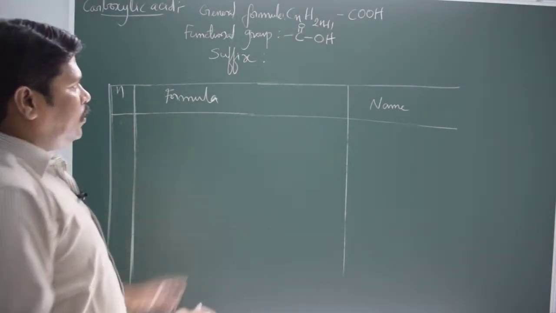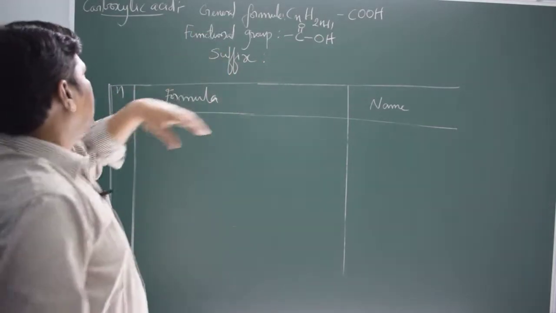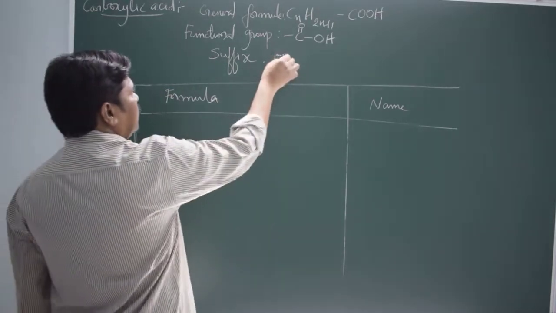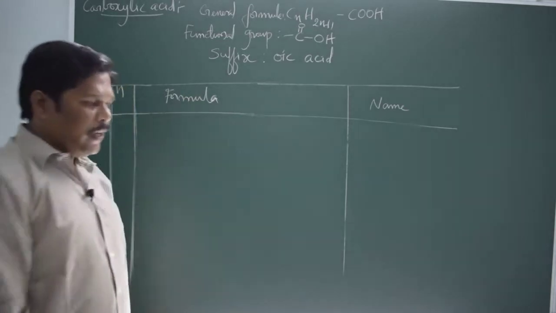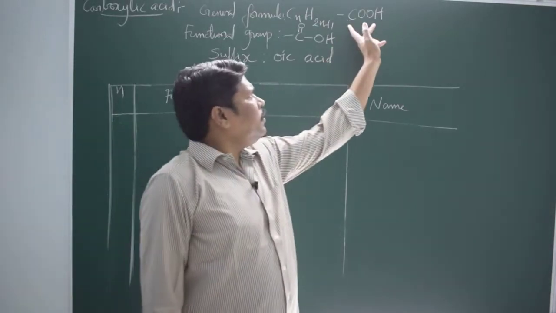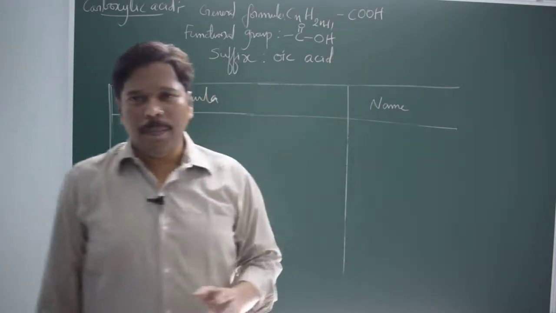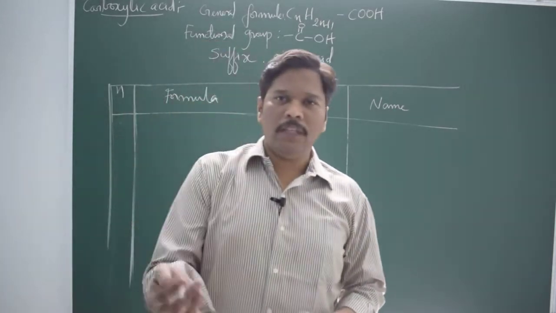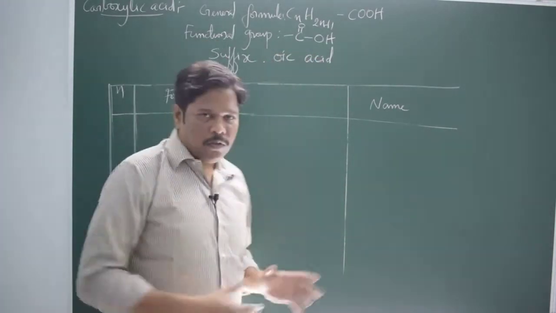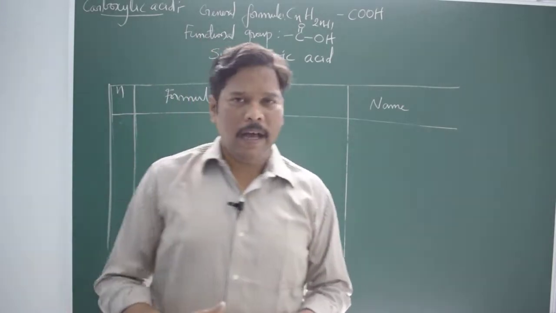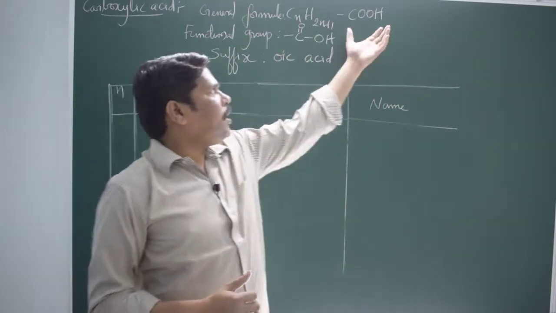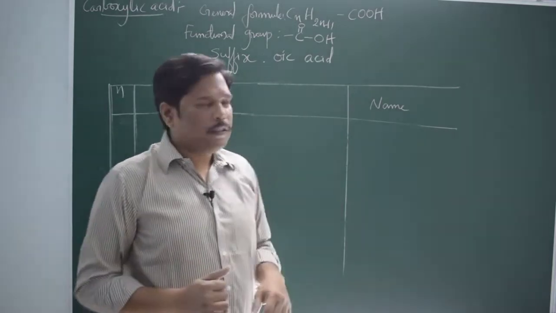The suffix is oic acid, which comes at the end. This is the terminal functional group. You will not have structural isomers for the carboxylic acids as you go through the members of the hydrocarbon chain.